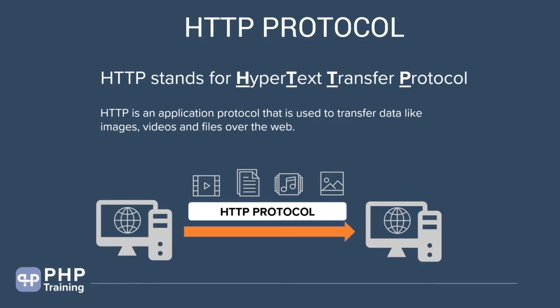As I say, hypertext is nothing but media files like images, videos, files, and you can transfer them via HTTP. So when we talk about the details of HTTP and the web, you are more focused on this kind of data like JSON files, XML files, video files, image files, because this protocol is built in such a way that it is able to handle and transfer these kinds of files over the web.